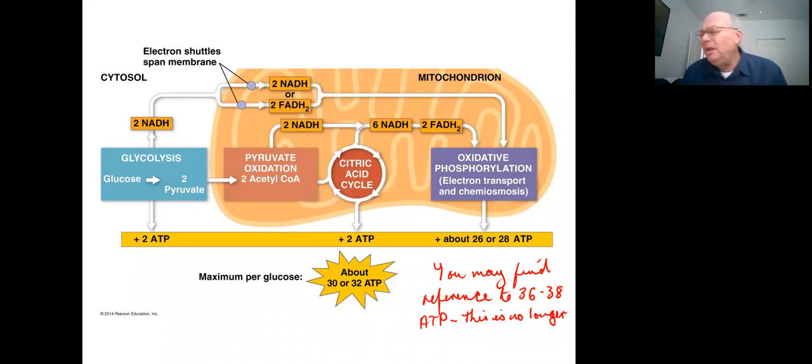And I know in the Crash Course video, and if I remember correctly, also in the Khan Academy videos, they talk about 36 to 38 ATPs being the product of aerobic respiration. This is no longer considered valid.